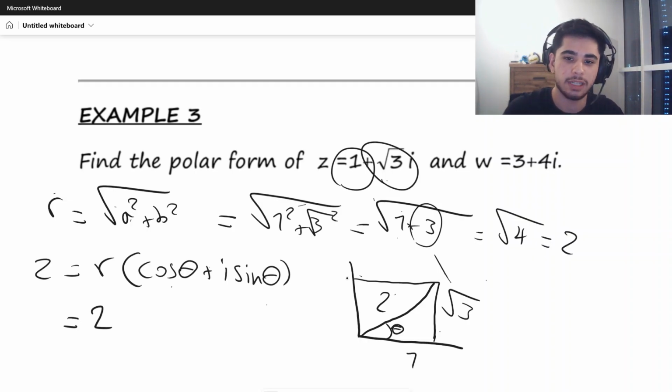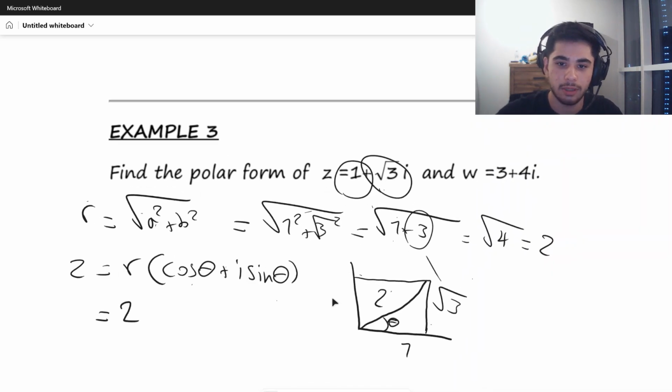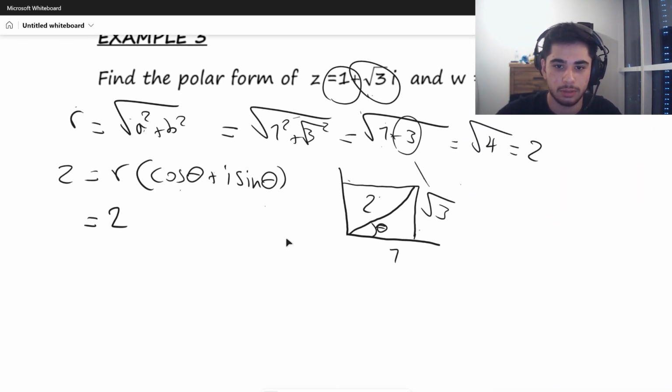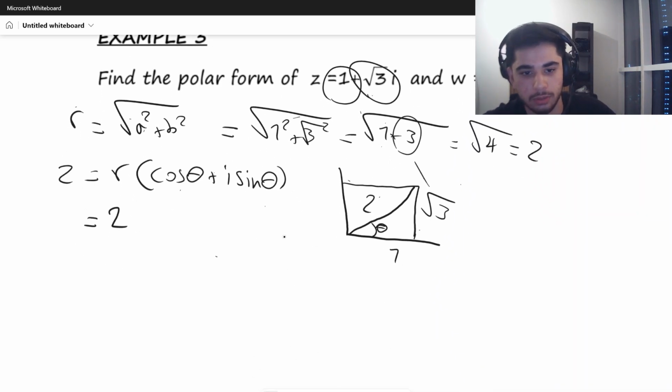We know that if you need an angle of the shape, all we have to do is use the reverse trigonometry. So we go tan inverse, because I have both my opposite and adjacent.